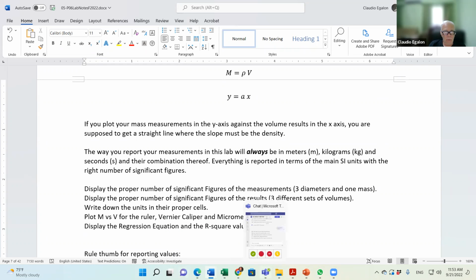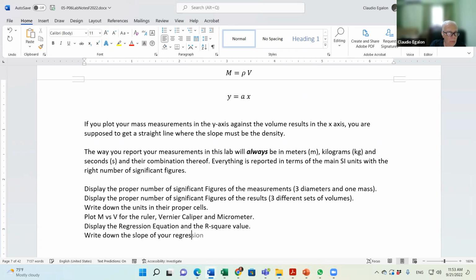What else you have to do? Write down the slope of your regression equation in table.